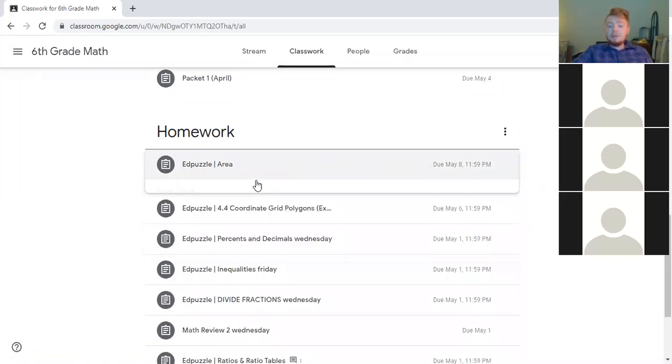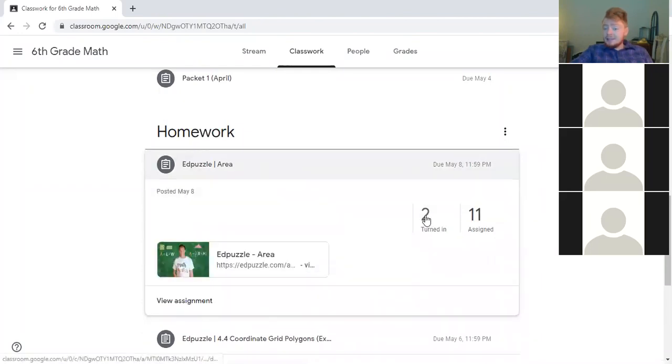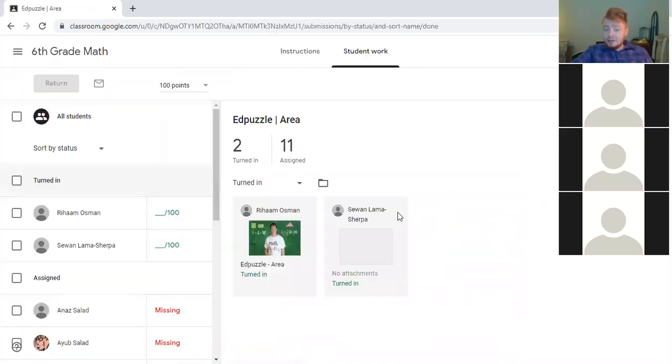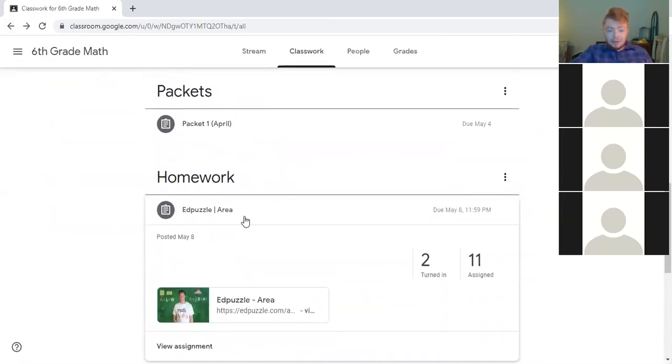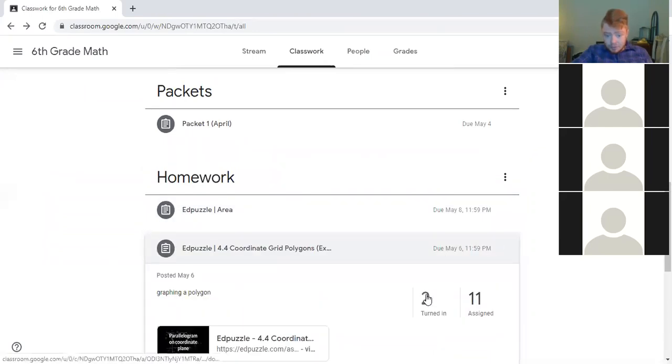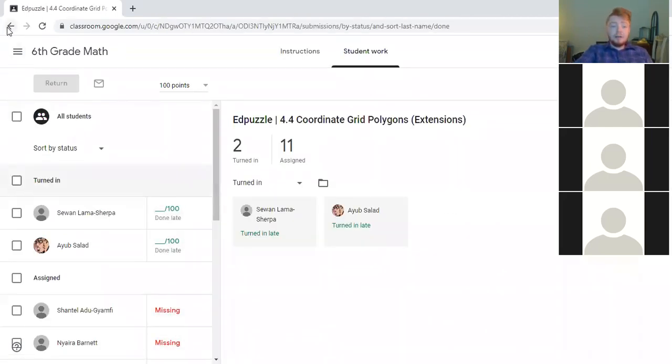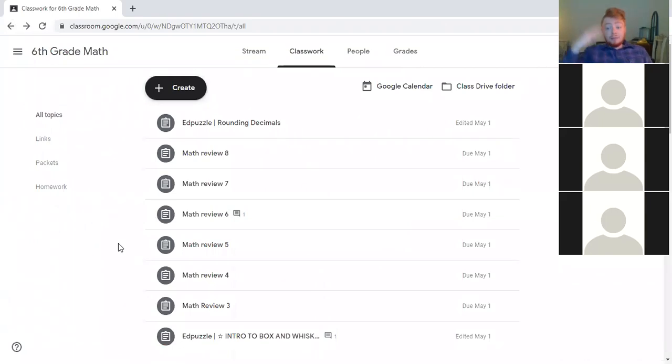If I had to guess, this is going to be Siwan and Ayub. Oh no, this was Siwan and Reham. Great, I'm glad Reham got that one. And then who are these 2? Siwan and Ayub. From my teacher perspective, Ayub, Reham, and Siwan are probably going to participate the most because they're doing their homework, which tells me they're practicing and will get this a lot sooner than everyone else.